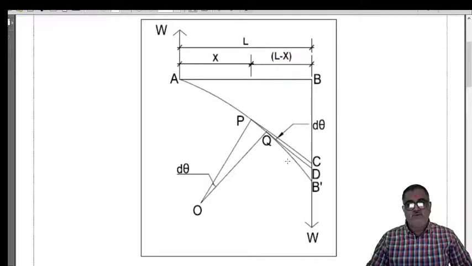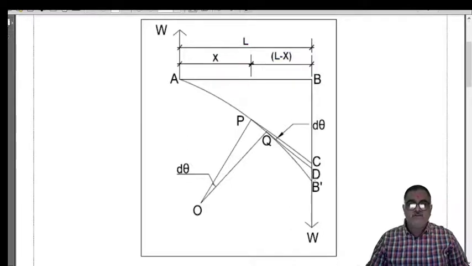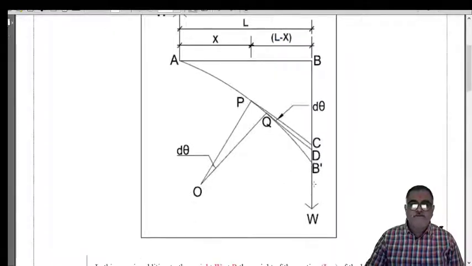Again, the tangent from Q is drawn and meets at D, which is also on this vertical line BB dash.